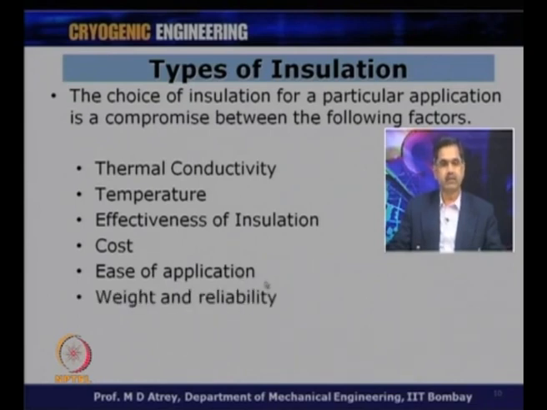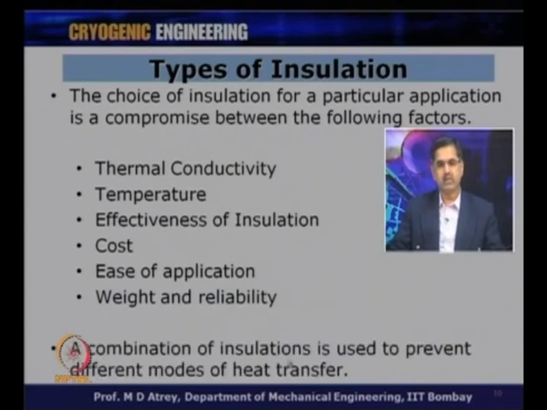Then weight and reliability. Whenever you talk about space application, for example, if you have some cryogenic application in space, what is most important is weight. The weight of that insulation is very, very important, and therefore weight and of course reliability. So, this is a very important term when we talk about insulation for space related applications. So, a combination of insulation is used to prevent different modes of heat transfer.